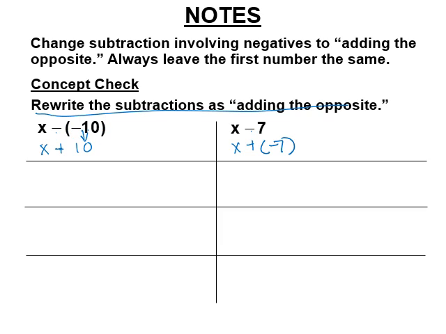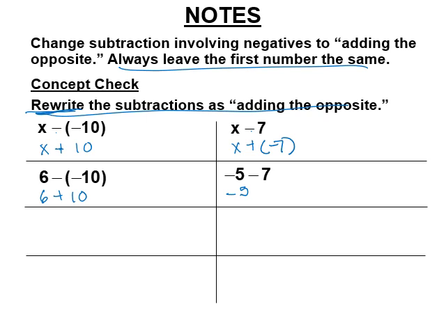Okay, so let's try a couple more of these. So this is the same as 6 plus 10. Now we're just rewriting them here. We're not evaluating. On the homework, you will evaluate them. But right now, we're just rewriting them. Now try that one. So the first number will always stay the same, no matter what.